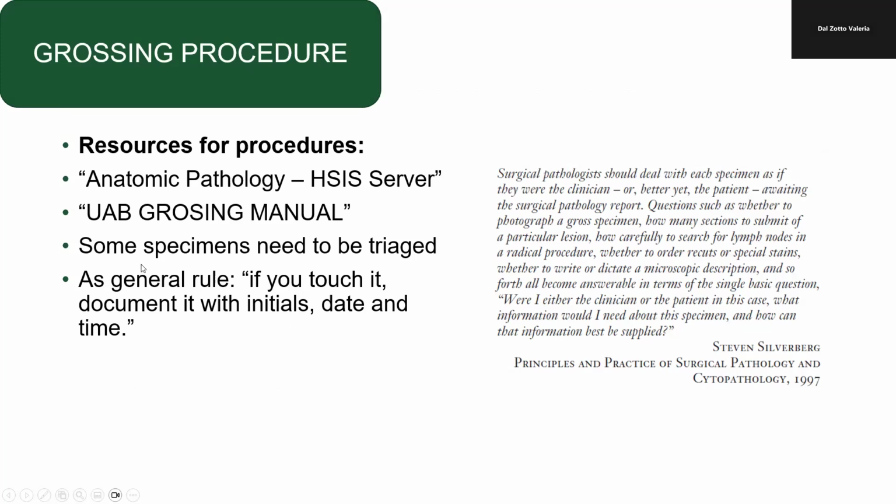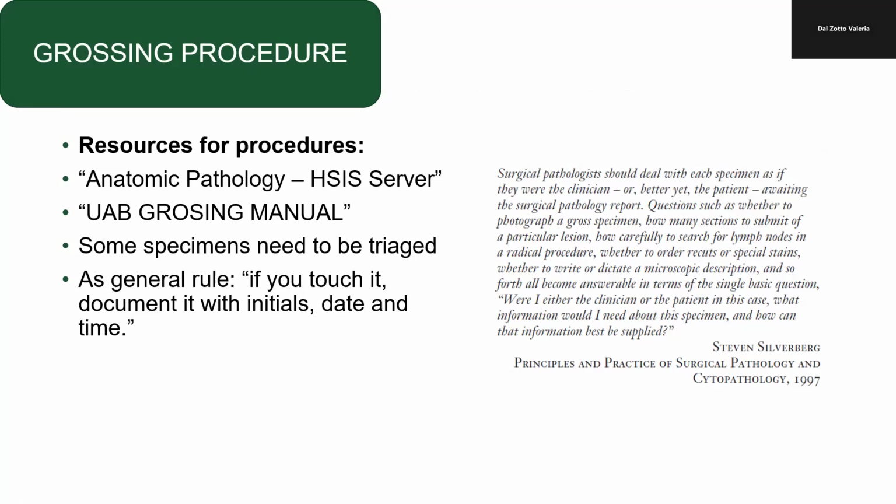Within that procedure, some of the procedures involve the triage of the specimen. That means that the majority of the specimens that we receive here are received fresh without formalin, and we are going to do something to place them properly in formalin.